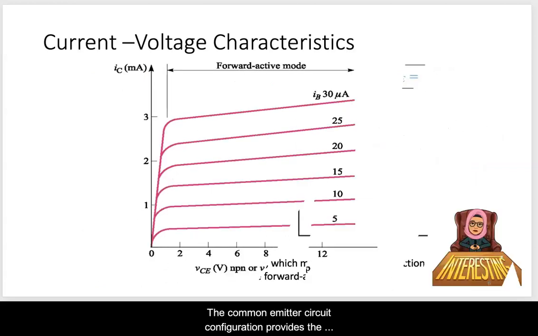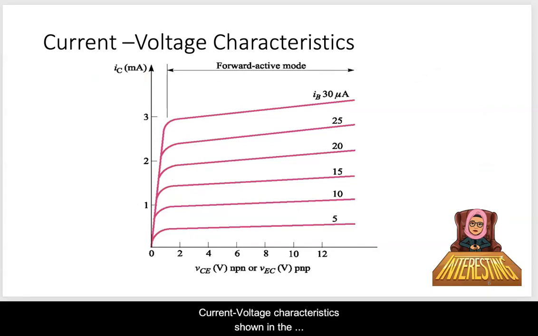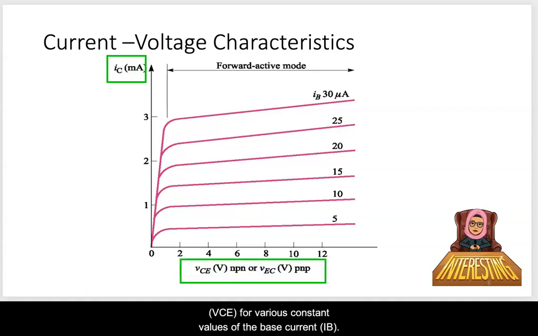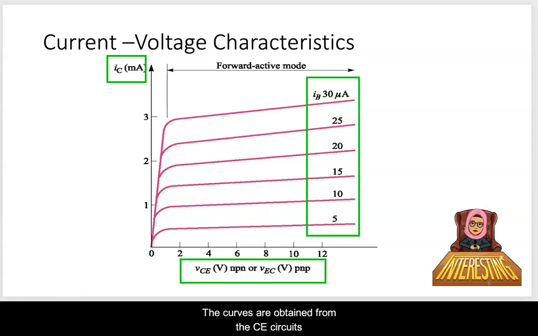The common emitter circuit configuration provides the current voltage characteristic shown in the figure given. In the graph, the collector current IC is plotted against the collector emitter voltage VCE for various constant values of the base current, which is IB.